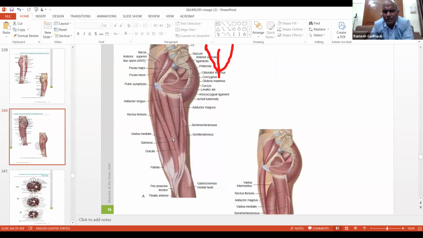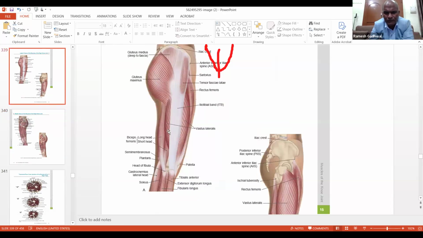Then another area you see here, the lateral side of the muscles. Sorry, this is the iliotibial band. When this band is very tight and contracted, then we have a valgus knee, because it is pulling the lower leg upward.